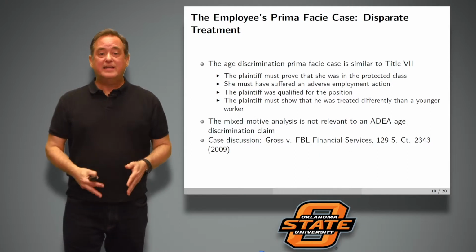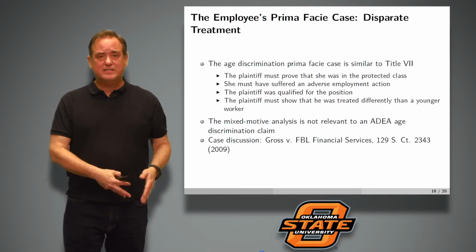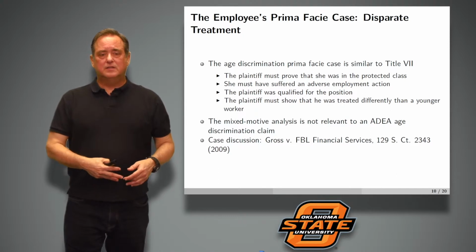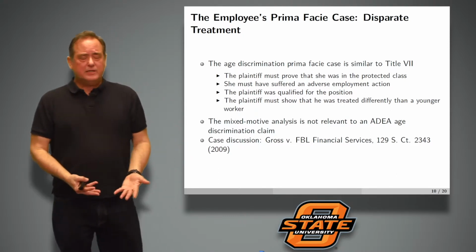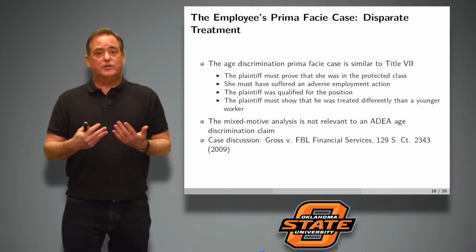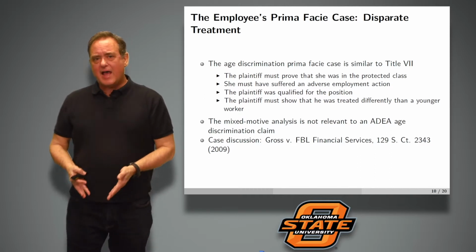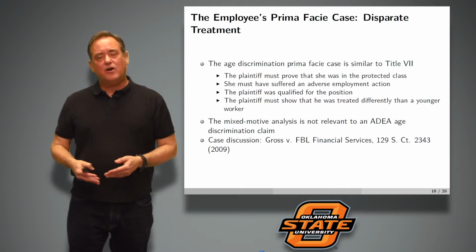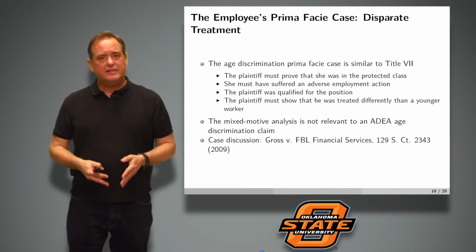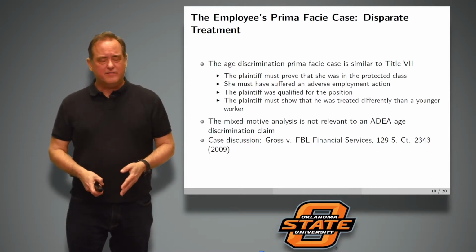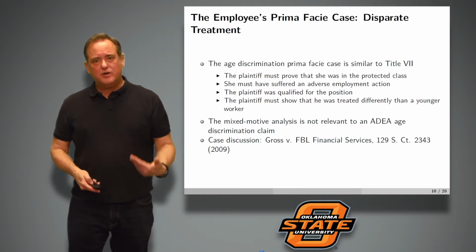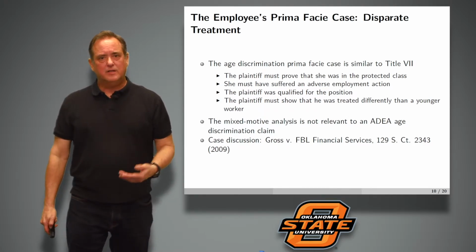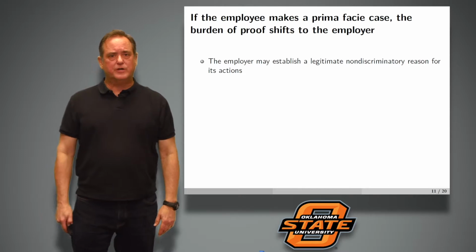Therefore, the ADEA is not to be treated the same as Title VII. So what this means from a practical perspective is you must show that the act that took place was based primarily on age and not simply that it was one of the factors used. You have to show that it was the predominant factor that led to the unequal treatment.